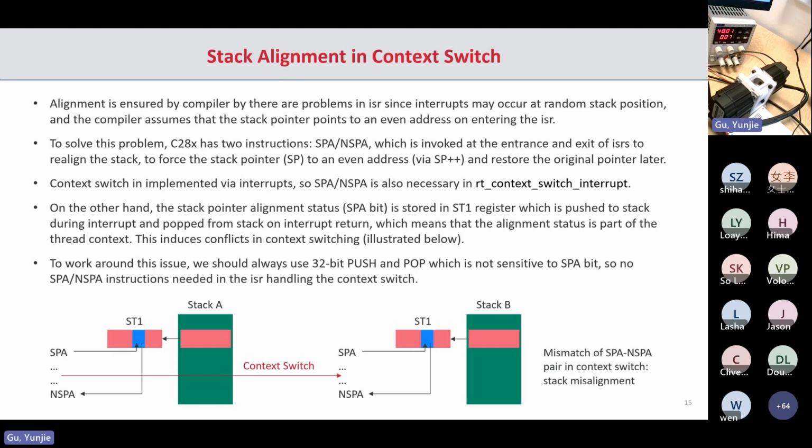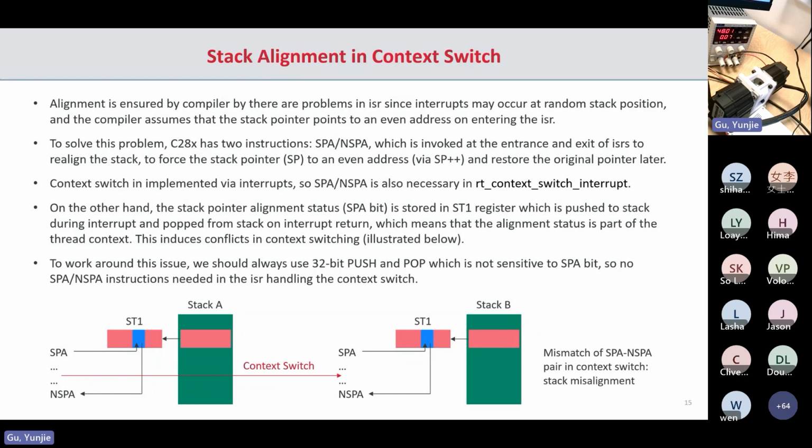But when you do the SPA, it will set a bit on the ST1 register, and this register is also stored on the stack as part of the context. So when you do the SPA in the context switch ISR, it changes this ST1 register, and then you trigger the context switch and switch to the other thread.